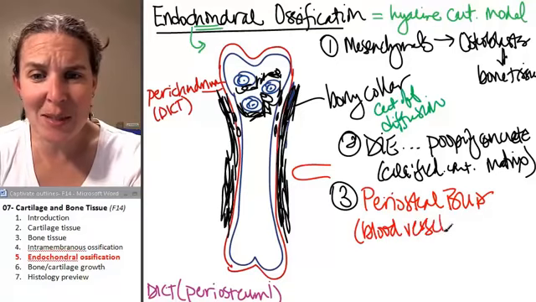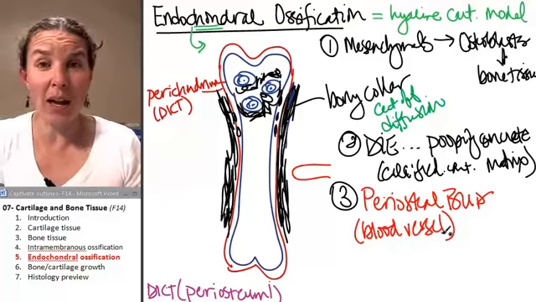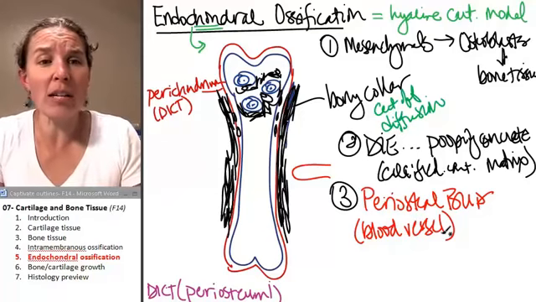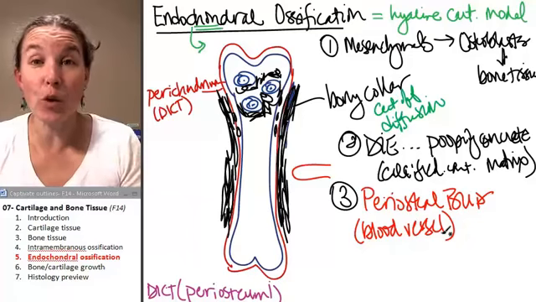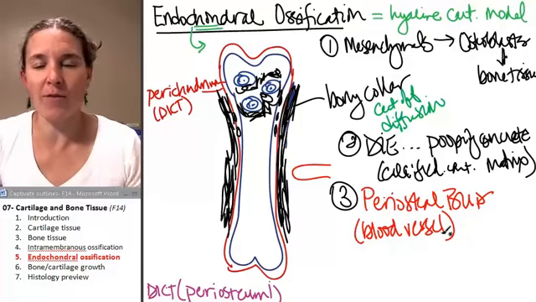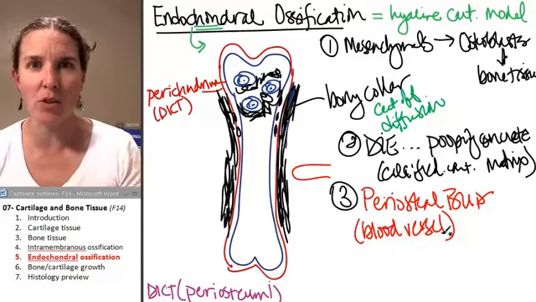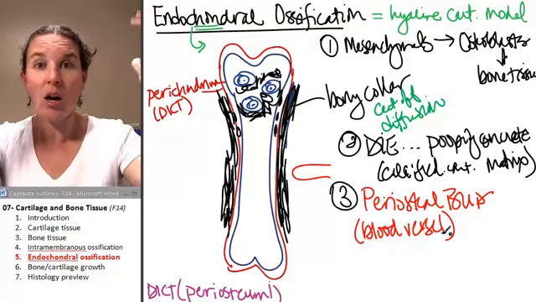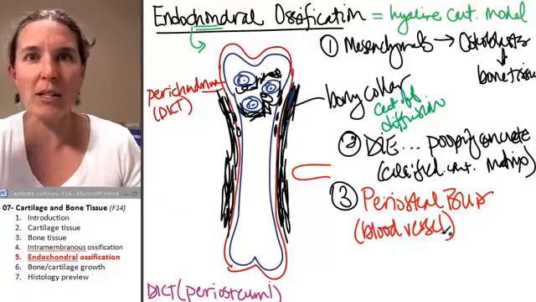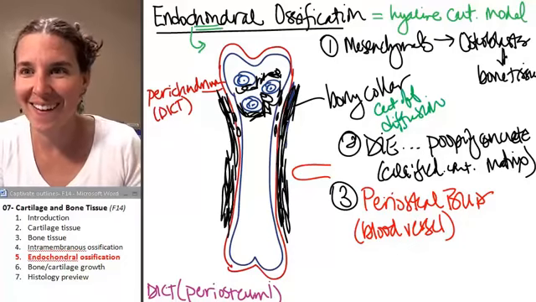Okay, and does this make sense? The cells in there are saying, we have no food supply. The body says, we don't want you to die. We'll send you in some food. We're going to send in blood. Well, of course, that's how we get food in your body. So we got to have a blood supply. So let's send in some blood vessels through this periosteal bud. To the rescue. But guess who else is going to hitch a ride?